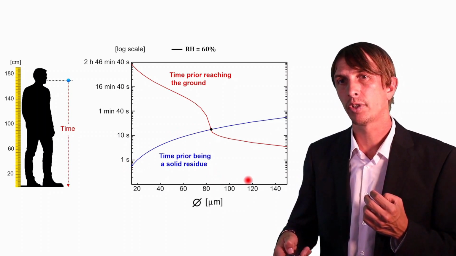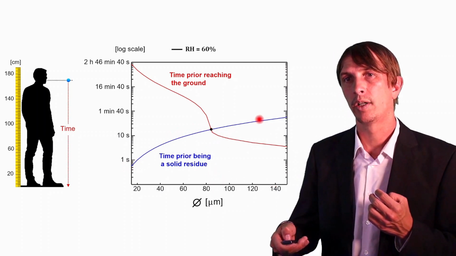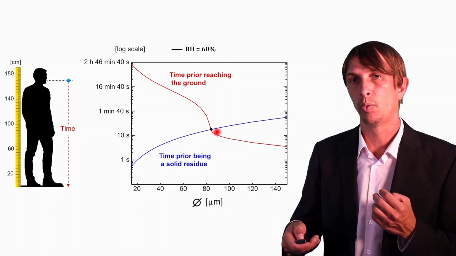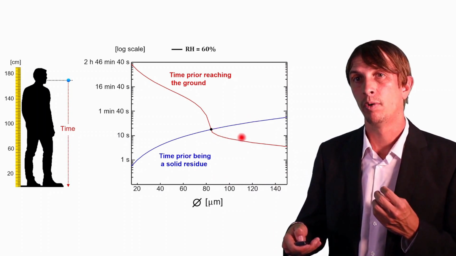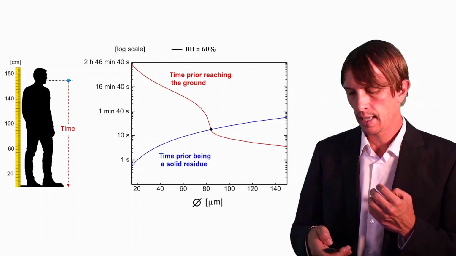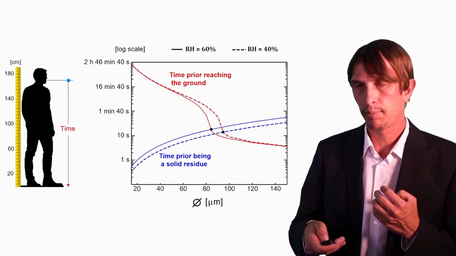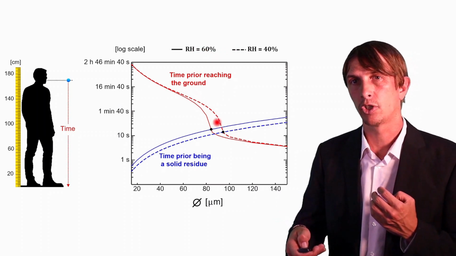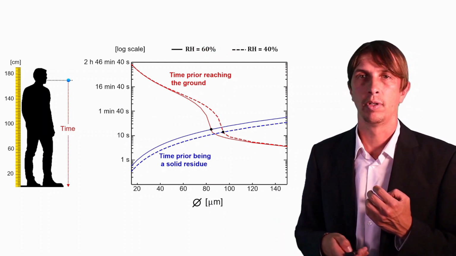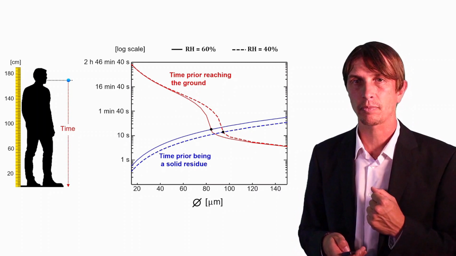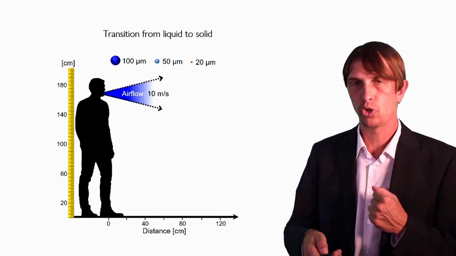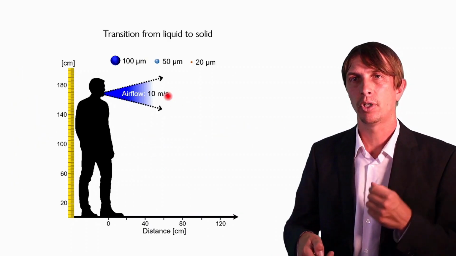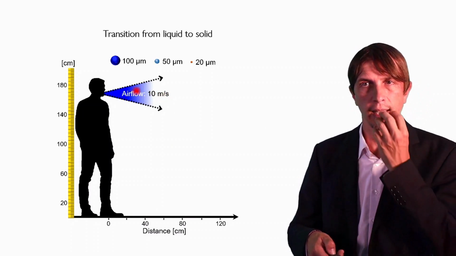While all the others larger than that will reach the ground before becoming a solid particle. And if now we look at a 40% relative humidity in comparison to 60, we can see a shift of the time it takes.